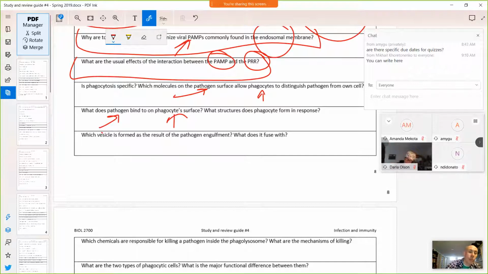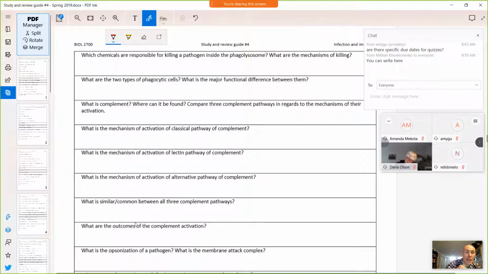Pseudopodia engulf the pathogen and form a phagosome. The phagosome fuses with a lysosome, forming a phagolysosome, and acid, reactive oxygen species and hydrolytic enzymes kill the pathogen inside the phagolysosome. Two types of phagocytic cells: neutrophils and macrophages. Neutrophils die, they're kamikazes, and macrophages don't. They survive phagocytosis.